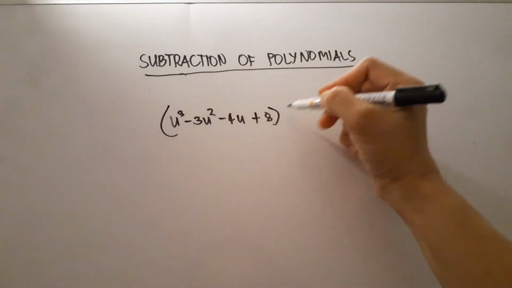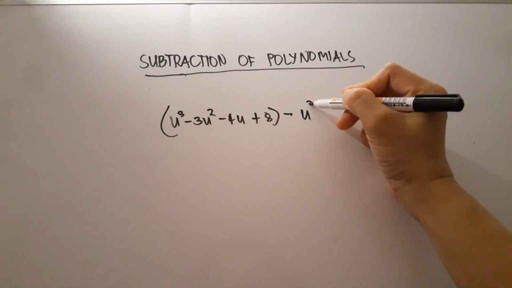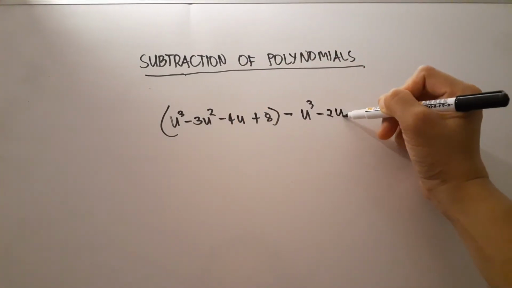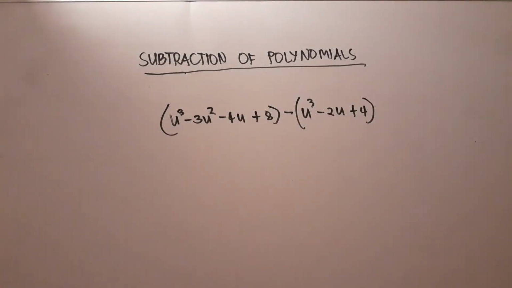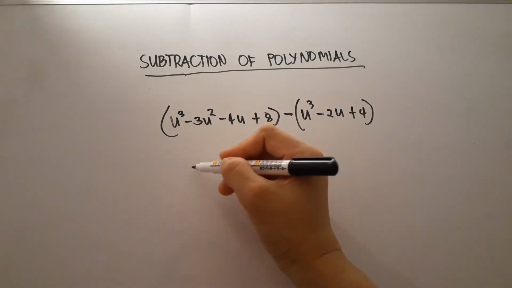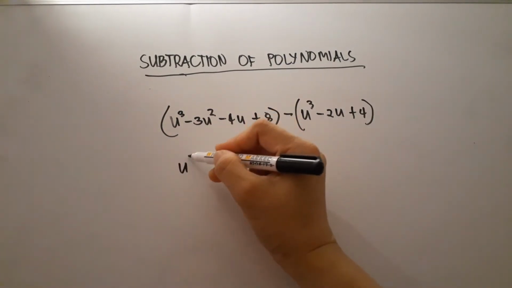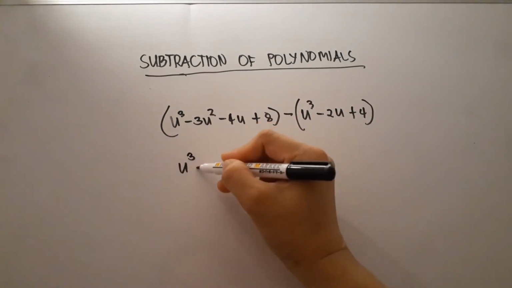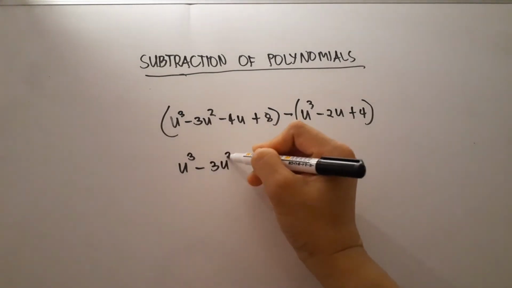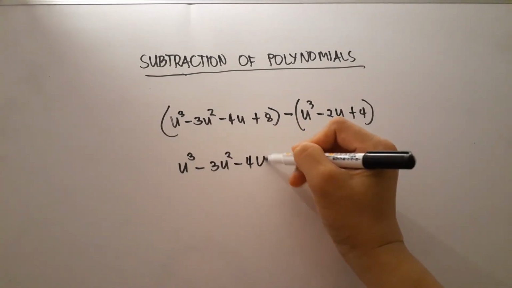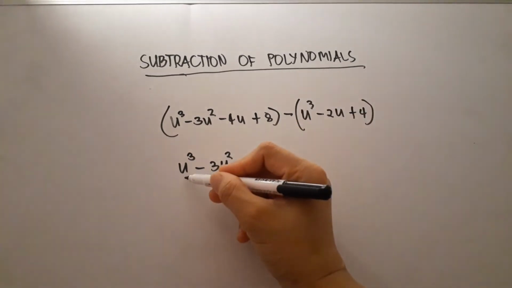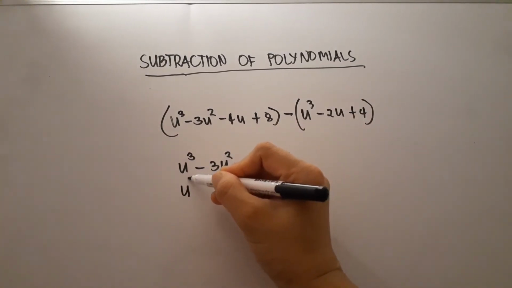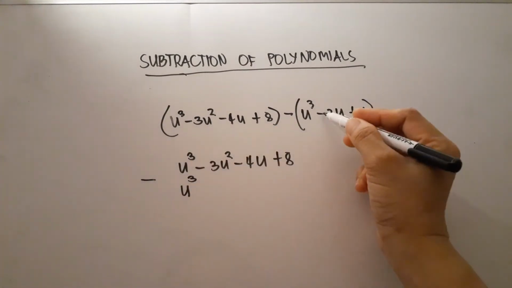u cubed minus 3u squared minus 4u plus 8 minus u cubed minus 2u plus 4. We can use the vertical method, which is u cubed minus 3u squared minus 4u plus 8, and copy the second row, which is u cubed. This is subtraction.